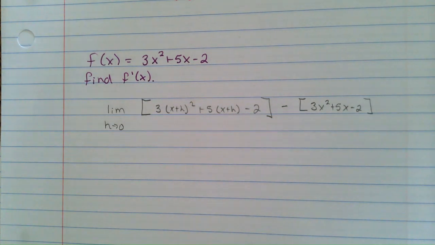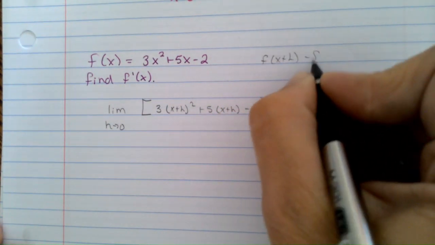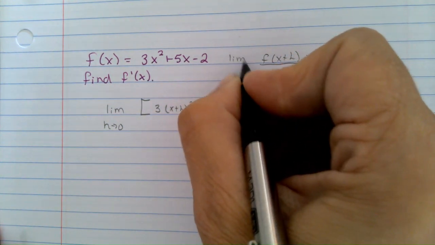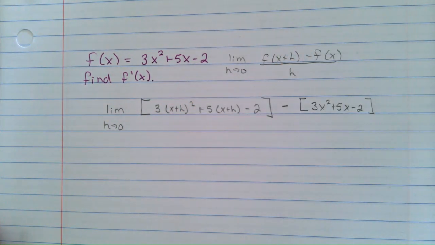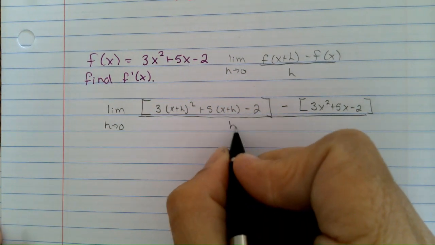So I use brackets to show the f of x plus h minus f of x. Remember, that's what we're trying to do. So this all needs to be over h.